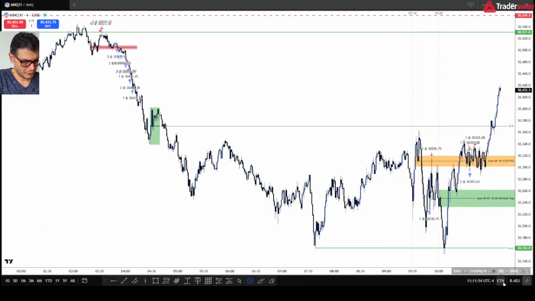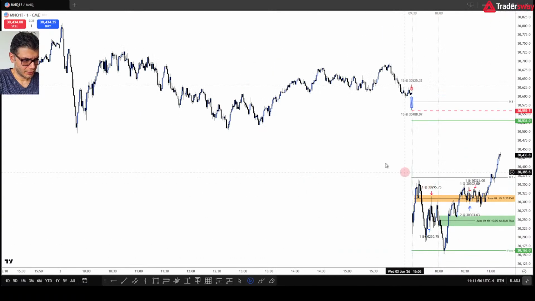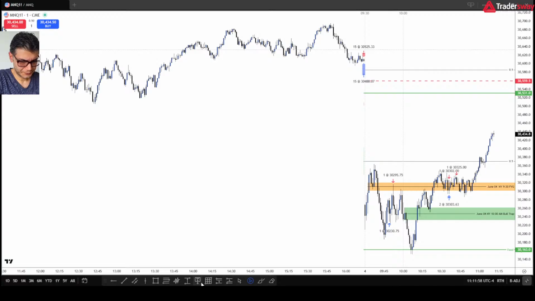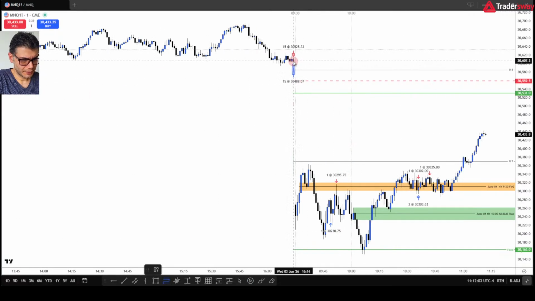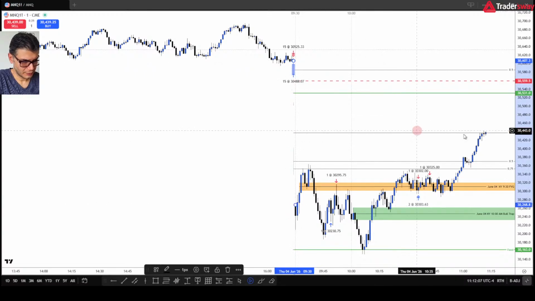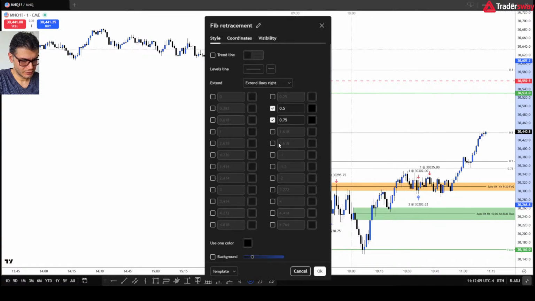All right, let's look at the regular trading hours and measure that gap again. Closed there, opened here, right at 50%.